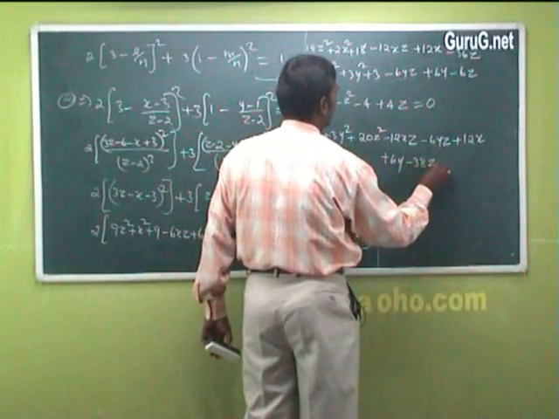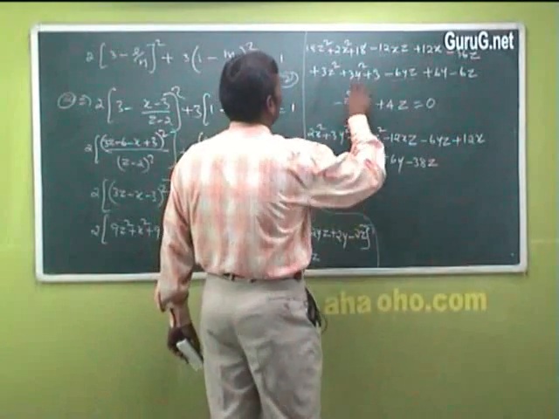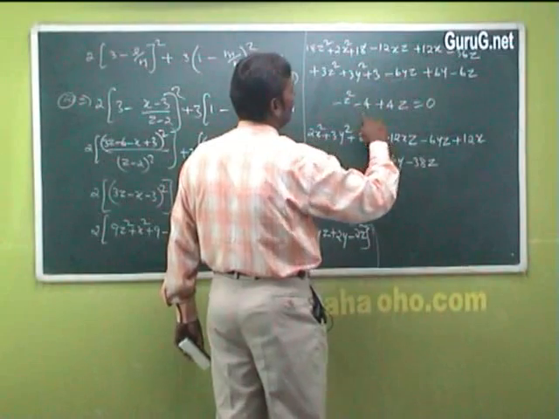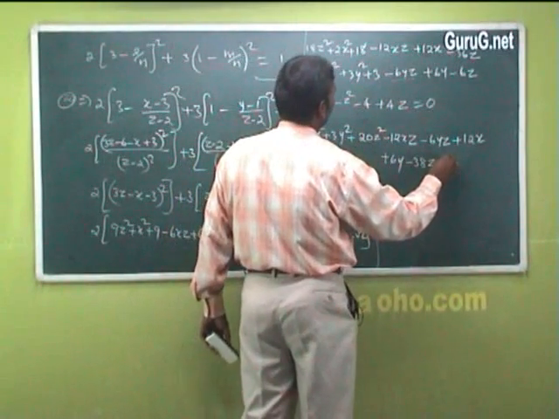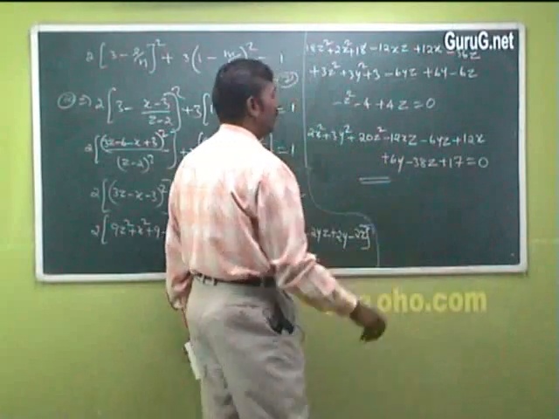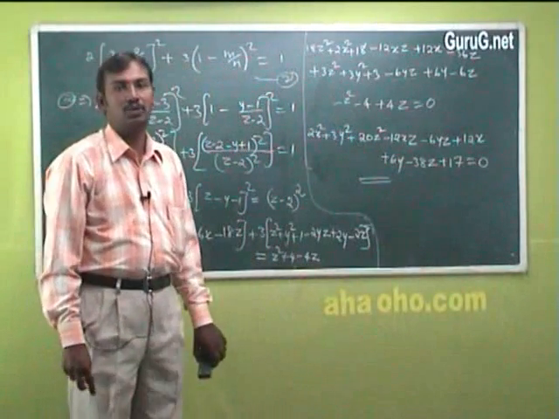Then constant 18 plus 3 is 21, 21 minus 4 is 17, equal to 0. So which is the required equation of a cone, right?